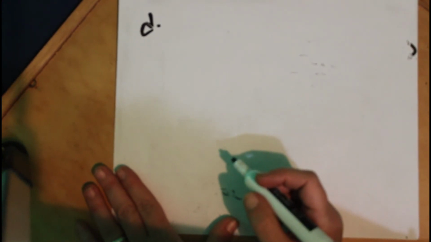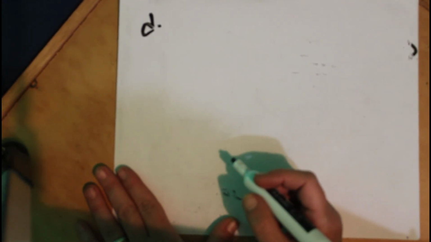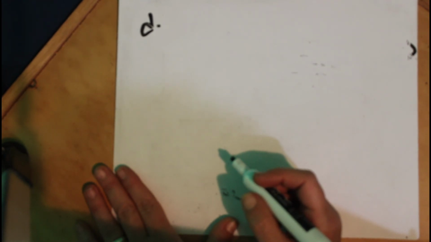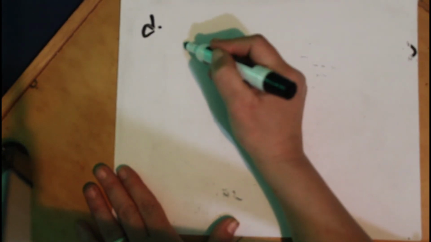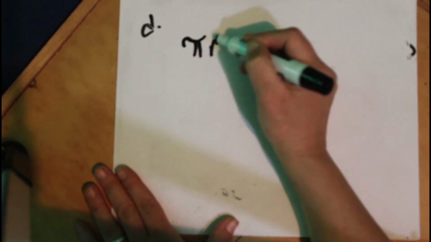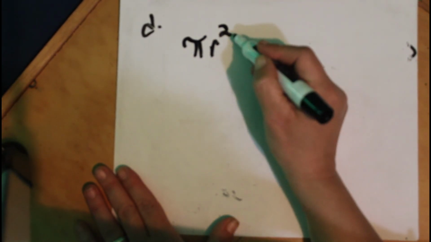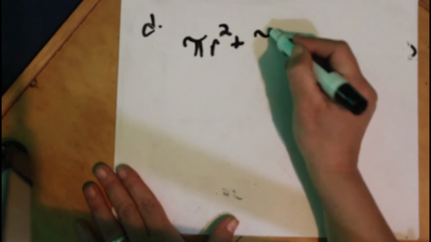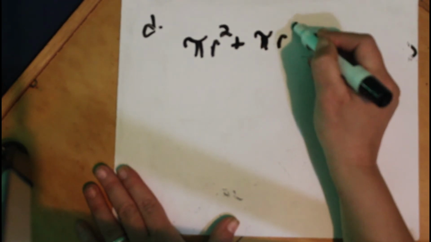Alright, last one is D. D says a right circular cone has a base of radius 9 meters and a slant height of 15 meters as shown. Find the surface area of the right circular cone. Alright, so we're going to have to do pi r squared plus pi r l.